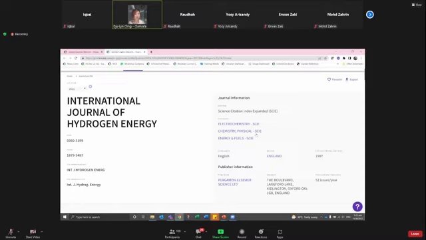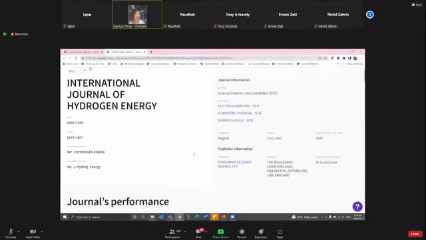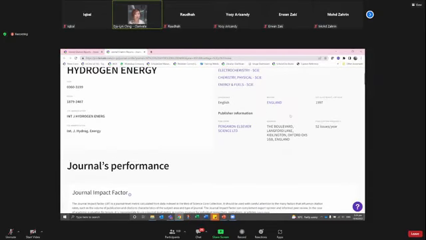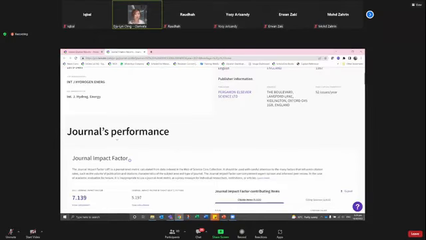It means that this journal is indexed in the SCIE index of the Web of Science Core Collection, and it definitely has a journal impact factor. When you're scrolling down, besides looking at the publisher name, address, and the publication frequency, this would help you to compare against the actual journal's website when you're submitting your article.